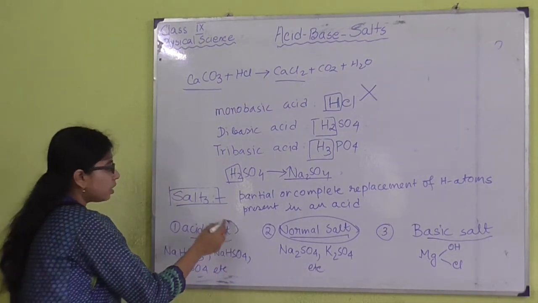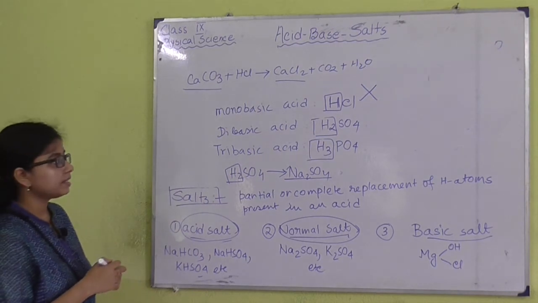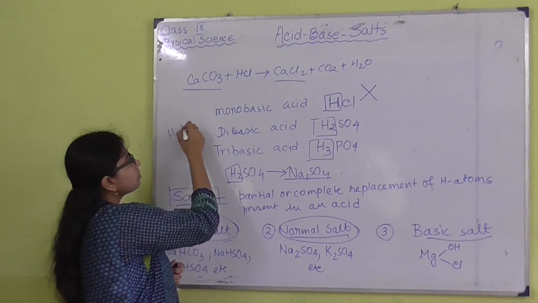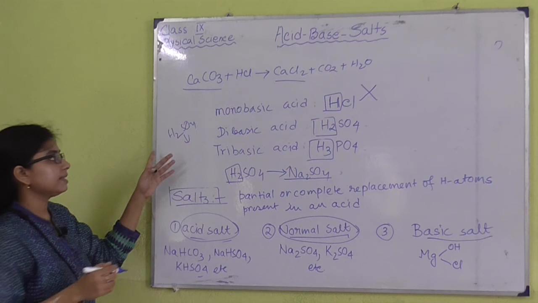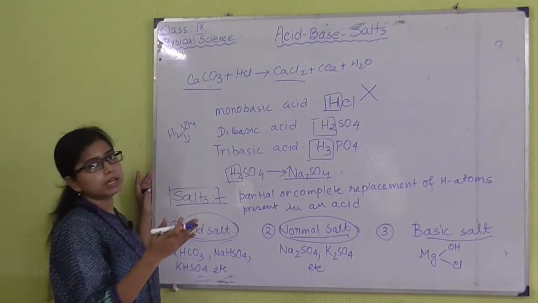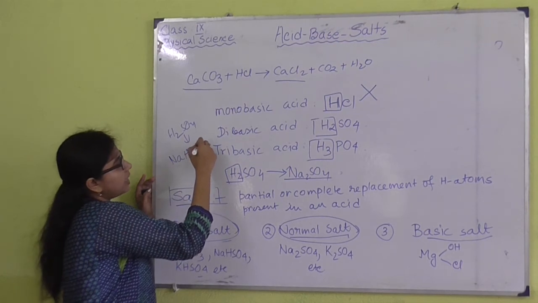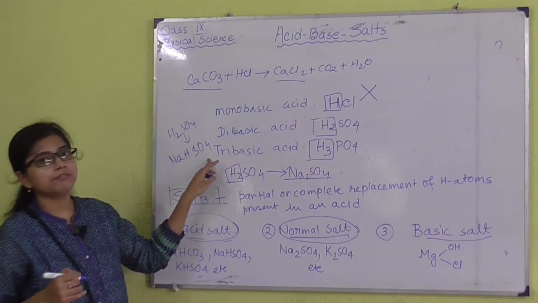Now for acid salt, I cannot remove all the hydrogen atoms simultaneously. Suppose I consider the example of H2SO4, then I can remove one hydrogen atom from the acid, keeping the another one intact. Like if I write NaHSO4, which is known as sodium hydrogen sulfate.